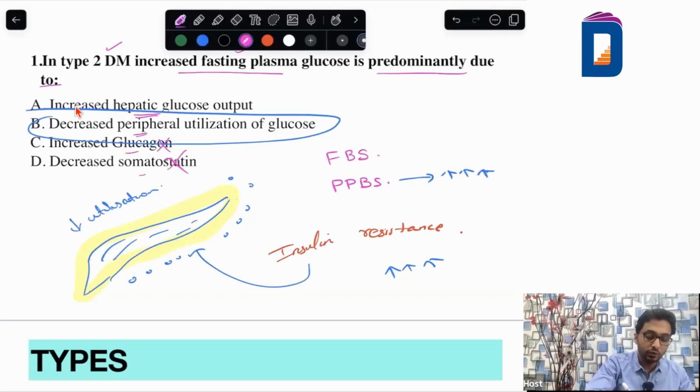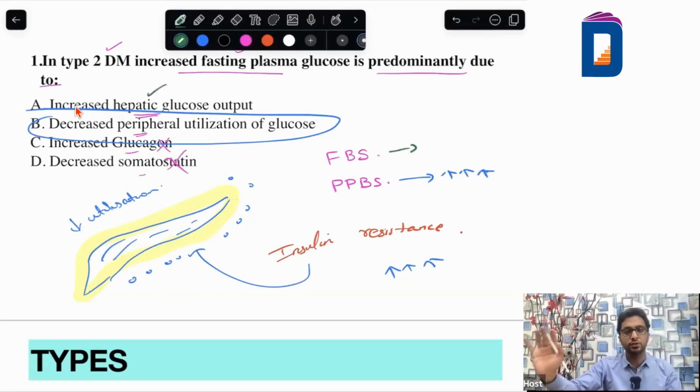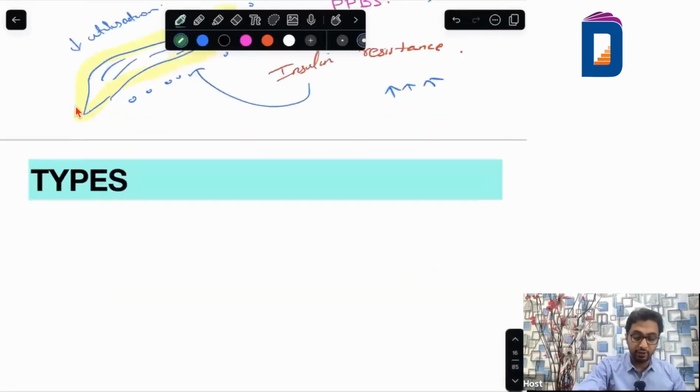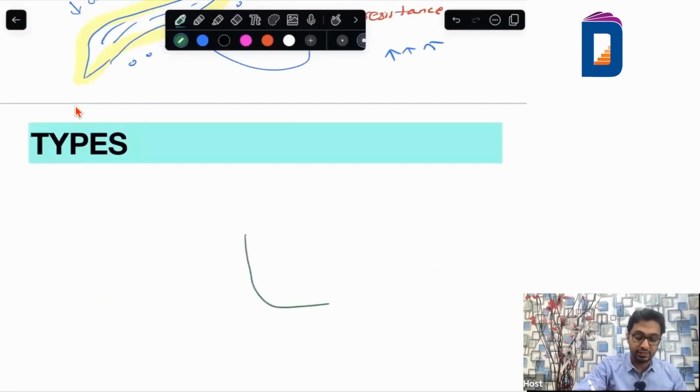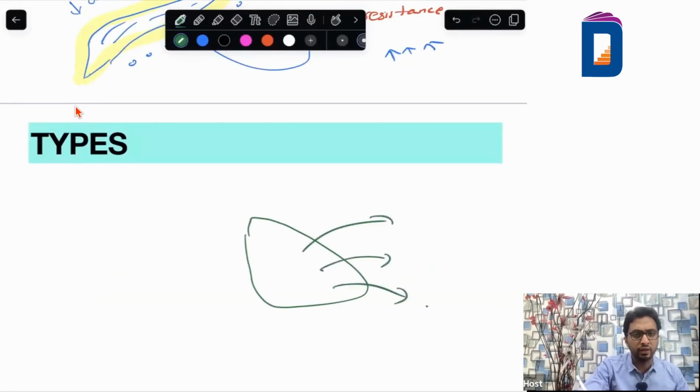Now, on the other side, if the liver releases glucose, for example, this is a liver, just imagine, this releases glucose. How does the liver release glucose? What's the process happening in the liver which helps it to release glucose?